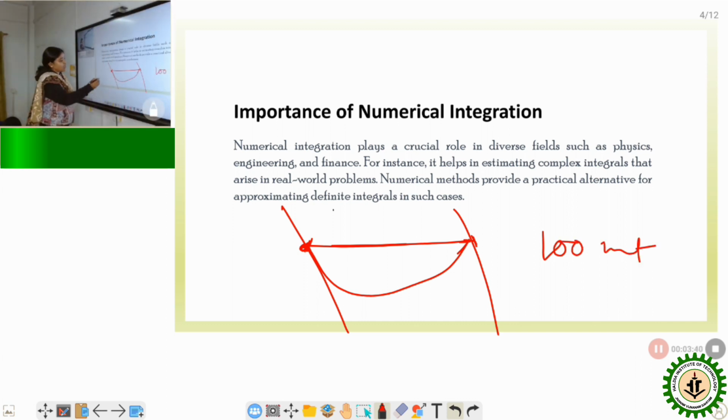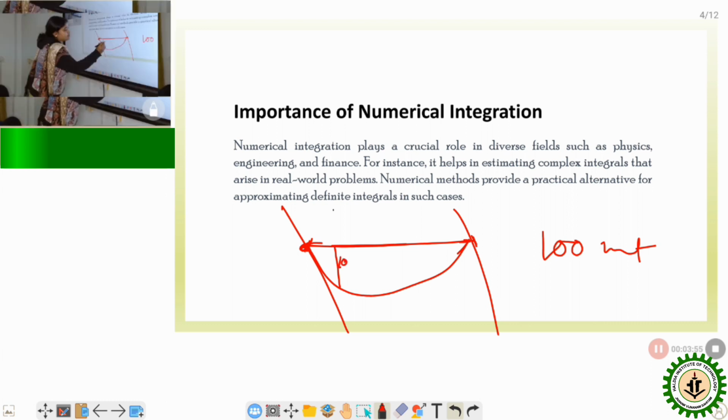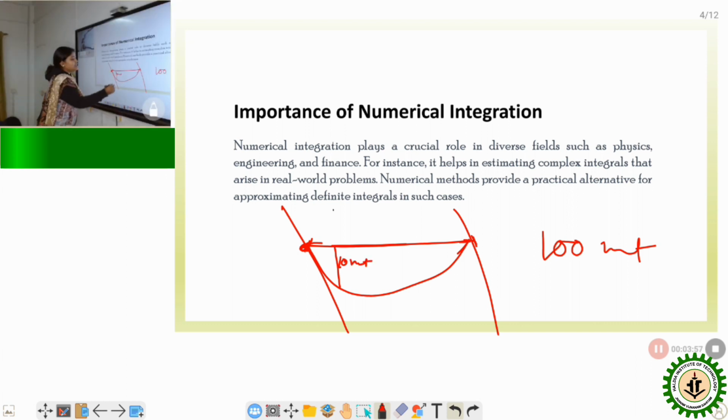Now suppose we know that at 0 distance, the depth is 0. At 10 meters apart from me, the depth is 10 meters. Similarly, at 20 meters distance from me, some depth is given. In this way, at the last point, 100 meters from me, the depth is also 0.